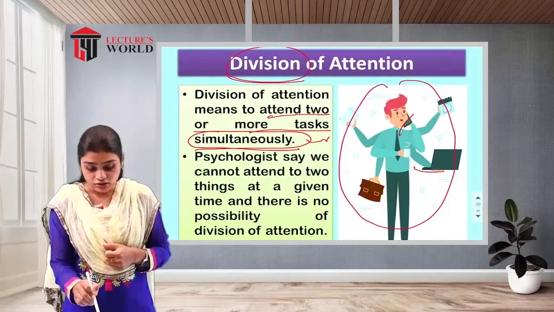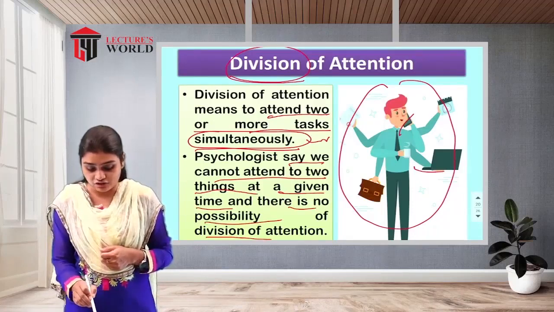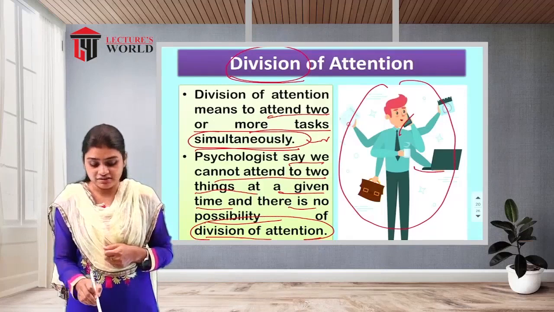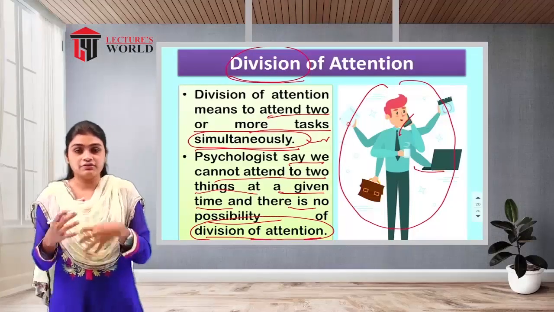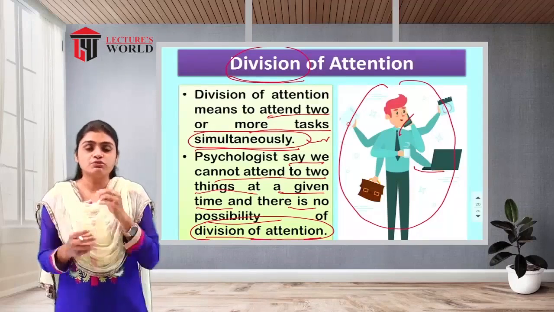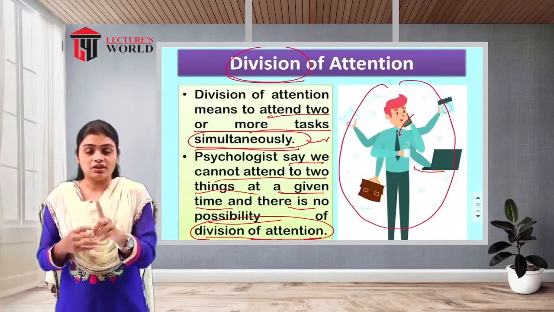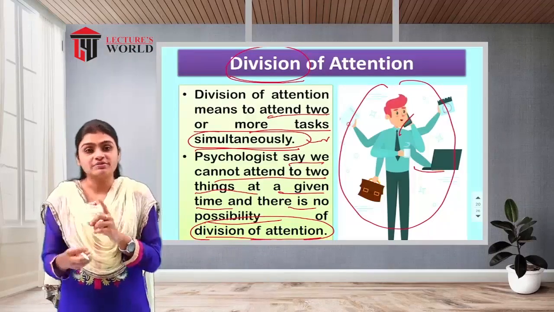For this, psychologists say we cannot attend to two things at a given time and there is no possibility of division of attention. That means practically, a human being won't be able to give attention to more than two items at the same time.